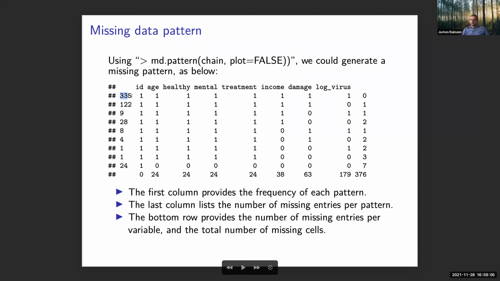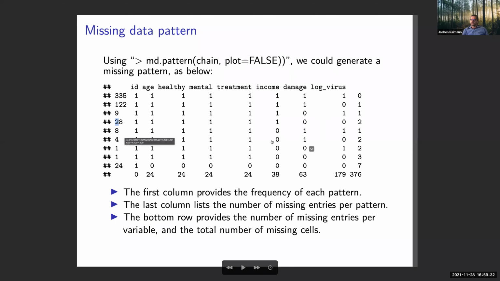So now we have 335 entries with no missing data. Then we have 122 with only one missing data point, which is the log virus. We have 9 with missing damage, with 28 with 2 missing data points.